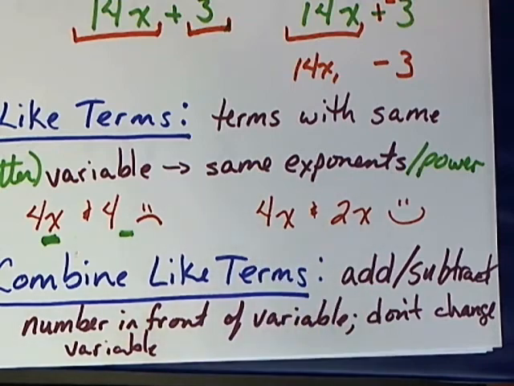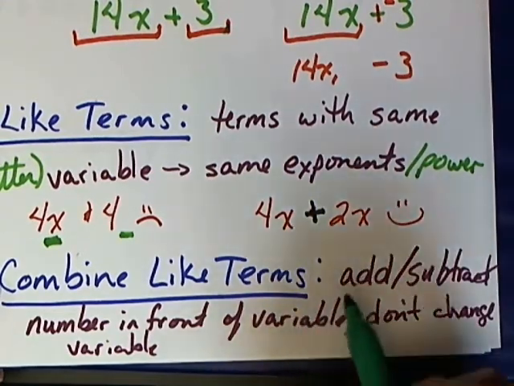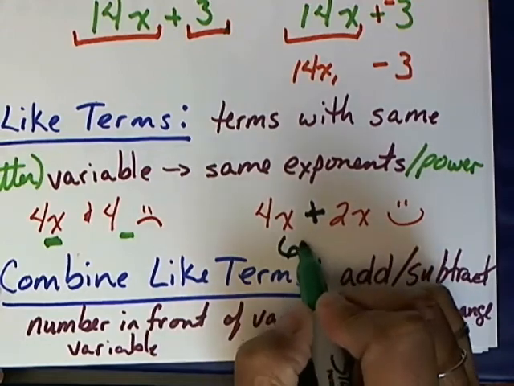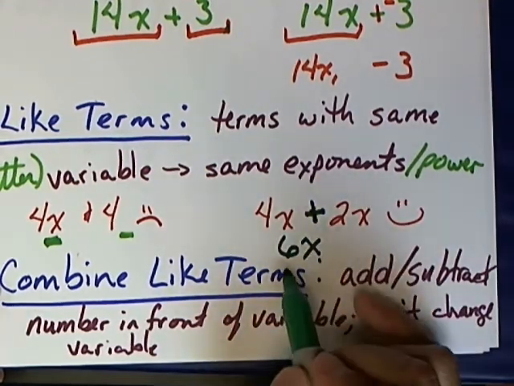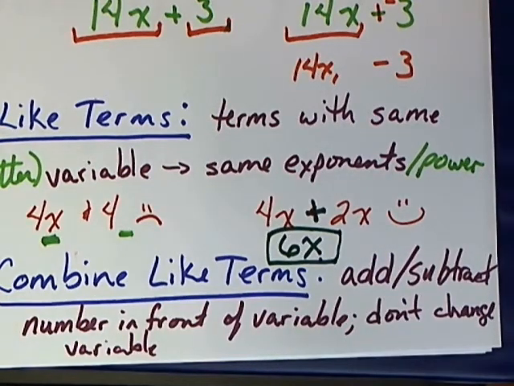So in this problem with the 4x and the 2x, if this was adding, the 4x plus 2x are like terms, so we'd say 4 plus 2 is 6, and the x comes along for the ride. The variable does not change. If we're doing all that work to make sure that the variable and the exponent are the same, they will not change. Let's go through a few examples.